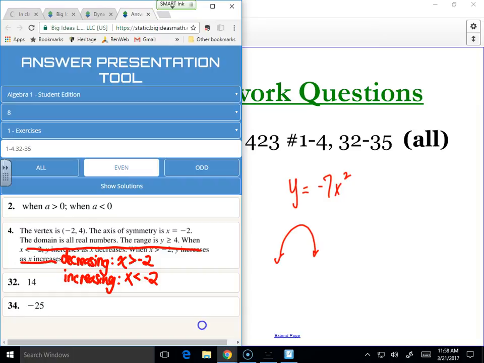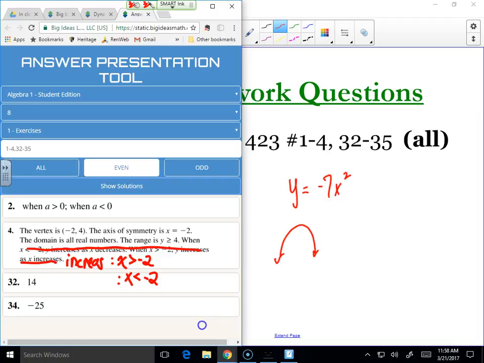Remember how I say sometimes the book does it in a way that I wouldn't do it? You guys said it was concave down? Oh. Okay. Well, I heard like 4 people say concave down. Is it the wrong question? Okay, we're on number 4. So what is that going to change? Concave up.